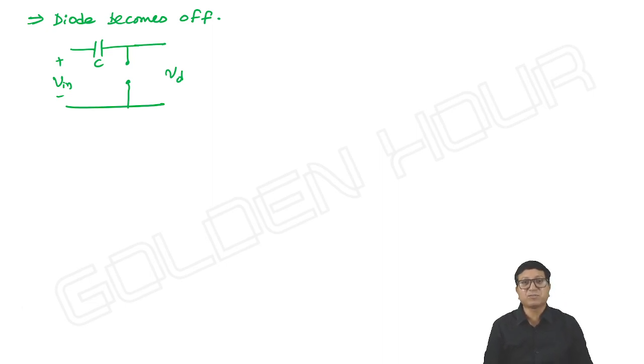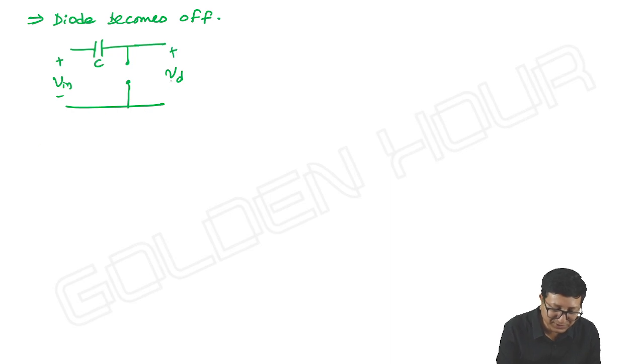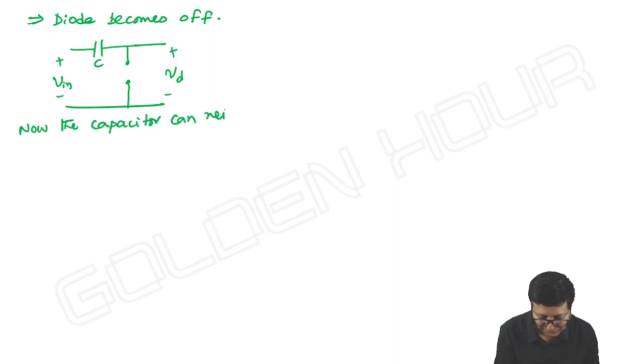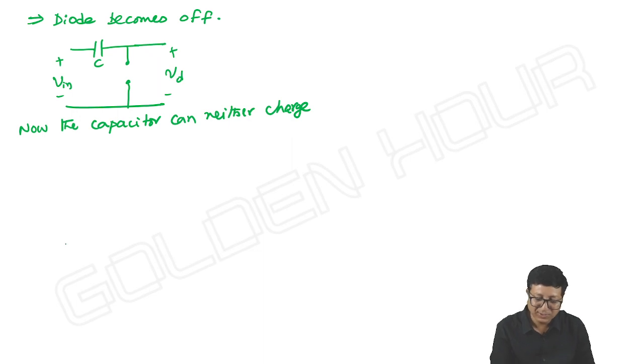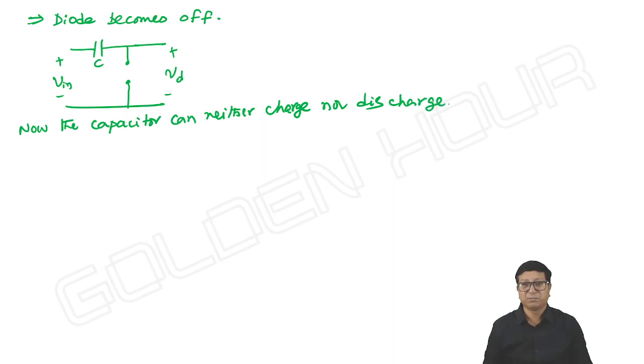If so, is there any path for the capacitor to charge or discharge? No. The capacitor has no path. Now, the capacitor can neither charge nor discharge, as it has no path.